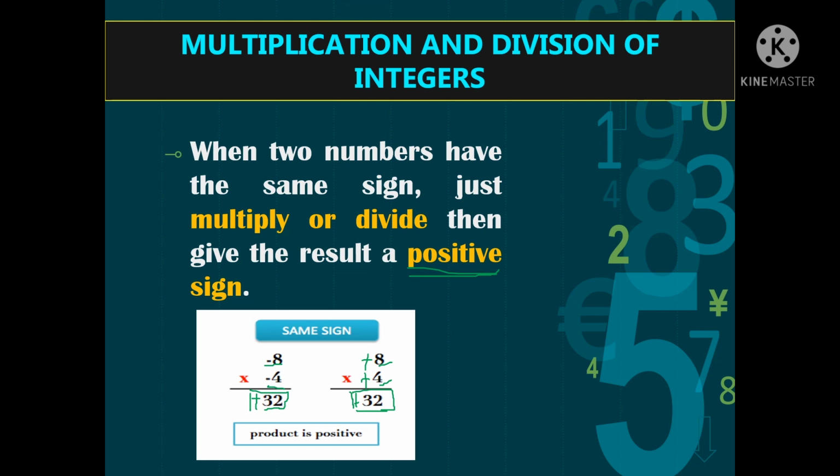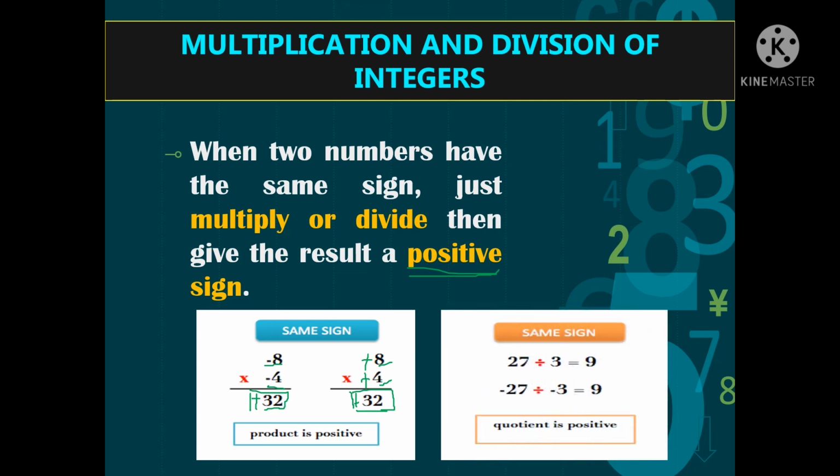Another example for division. So on the first one, we have positive 27 divided by positive 3. So we will just divide. 27 divided by 3 is equal to 9. Give 9 a positive sign. So this is positive 9.